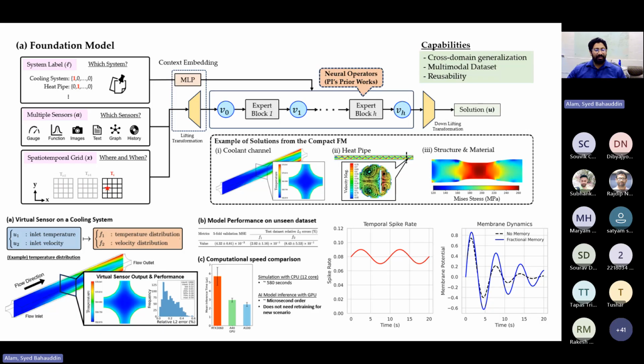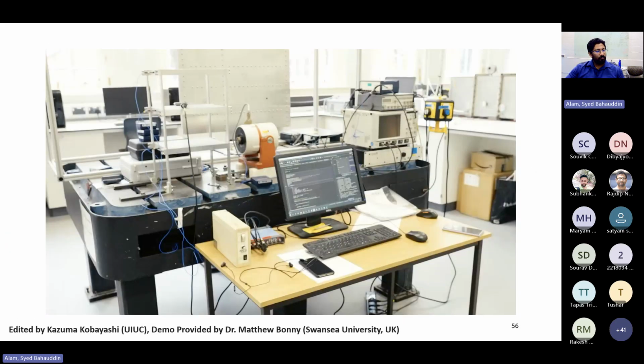So can we run those foundation models at the fog level, in distributed systems, or near the power systems, rather than putting all the data in the cloud, which will be very expensive? I don't know whether it will be feasible. But from that aspect, we wanted to see whether the fractional memory and the spiking rate survive or not. Those are the aspects we worked on.